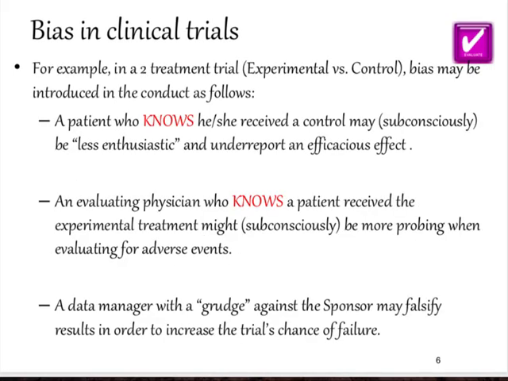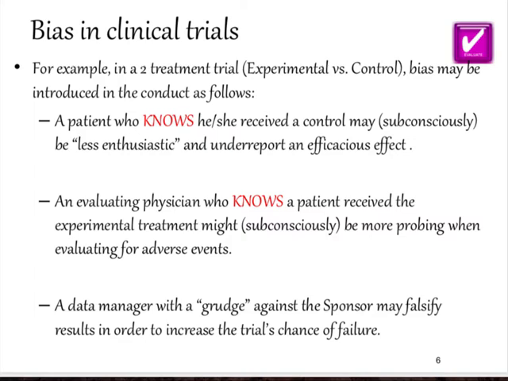So, for example, if you are doing a study of experimental versus control, a placebo, for example, if a patient knows that he is receiving the placebo, he wouldn't want to complete the study, because he knows that he's taking the placebo. There is no benefit of completing this study because I'm taking the placebo.